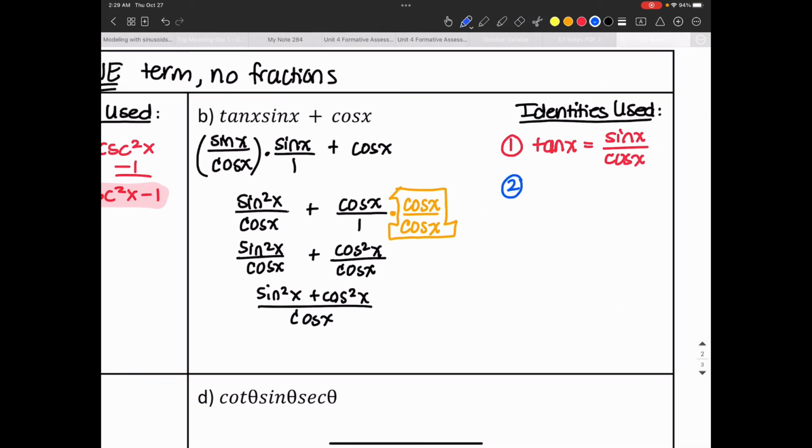So I could say, okay, I know that sine squared of x plus cosine squared of x is equal to 1. So instead of writing this, I can write 1. I can say this is actually 1 over cosine of x. I just changed sine squared of x plus cosine squared of x to be 1. And I'm going to rewrite this using another identity that I know.